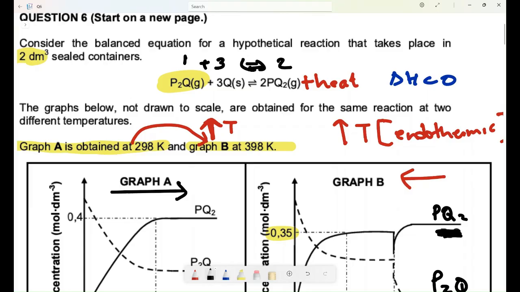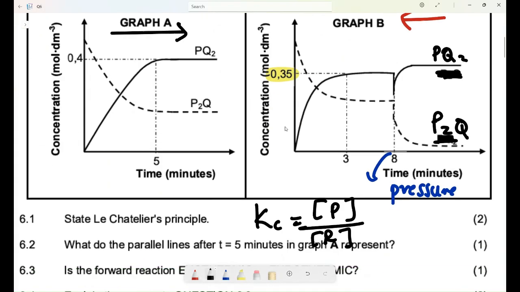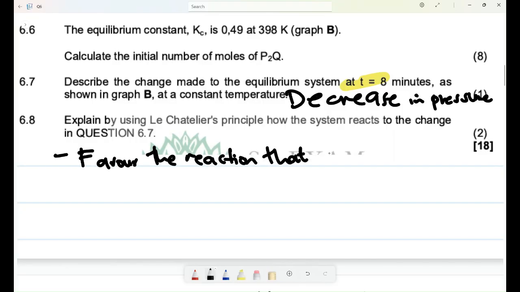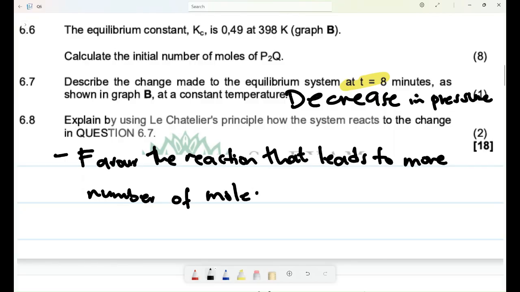So if there is a decrease in pressure, the system will favor the reaction that leads to more moles, or you can say that increases the number of moles.